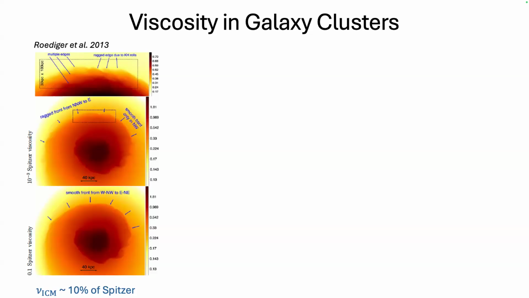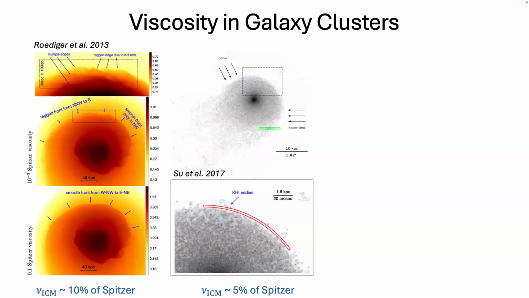So over here, you can see when it's slow, you start seeing these eddy-like structures, which means that you have a lower value of viscosity than what you get if the Spitzer value is correct. So this one puts it at about 10% of Spitzer.